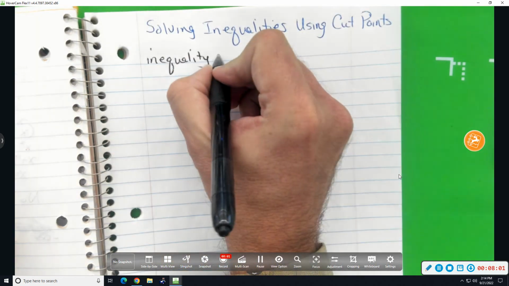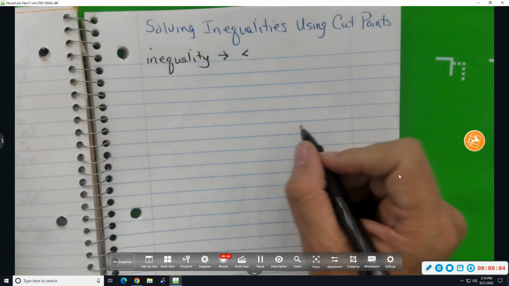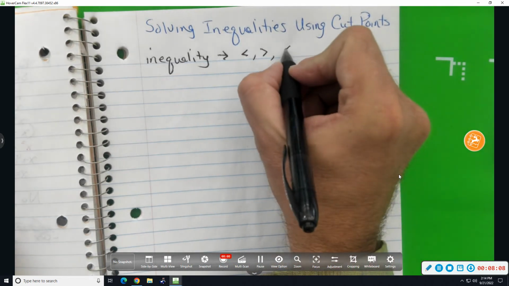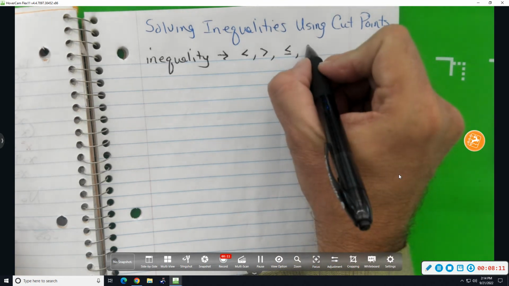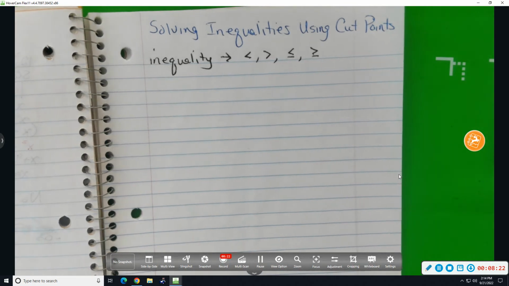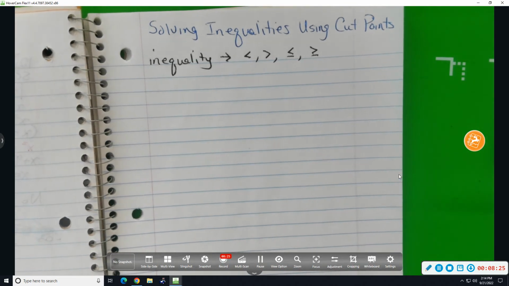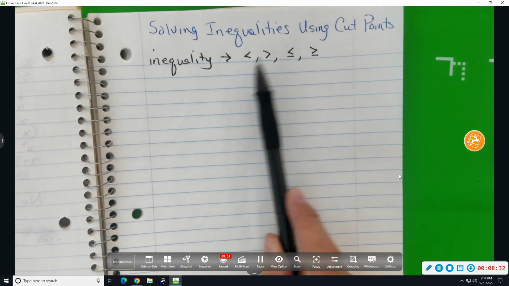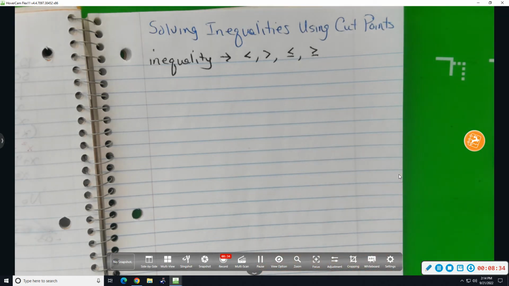An inequality contains a less than symbol, a greater than symbol, a less than or equal to, or a greater than or equal to symbol. Theoretically, it could have a not equal to symbol, but we're not going to be solving that sort of inequality. If you want to solve an inequality that has a not equal to, just do it as if it were an equal sign. So we're going to be discussing how to solve something that has a less than or a greater than in it.